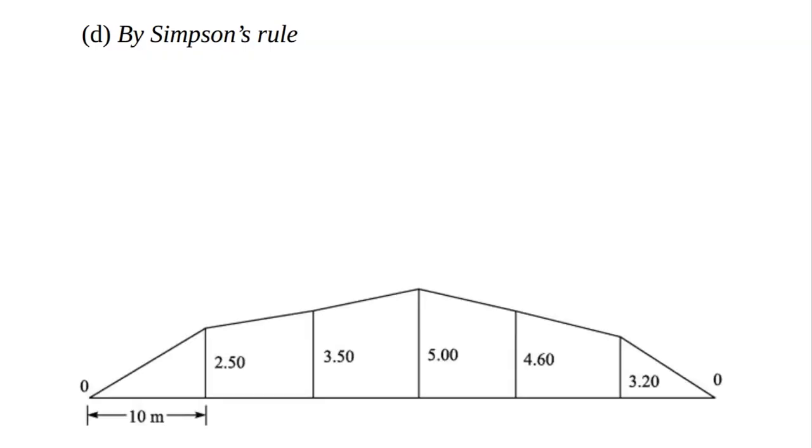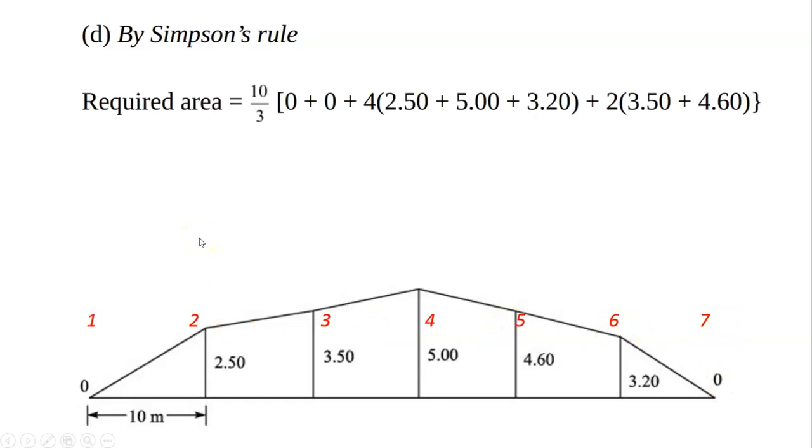Let's look into the last method, which is Simpson's rule. For simplification, let's number the offsets: this zeroth one, 0 is the first one, second, third, fourth, fifth, sixth, and seventh one.